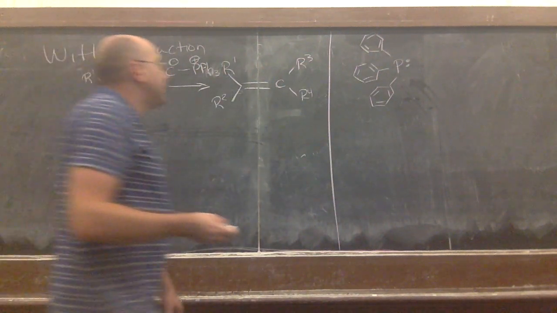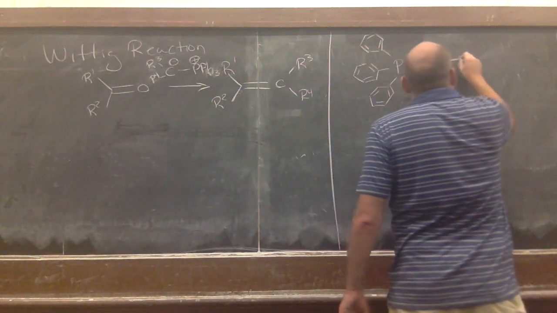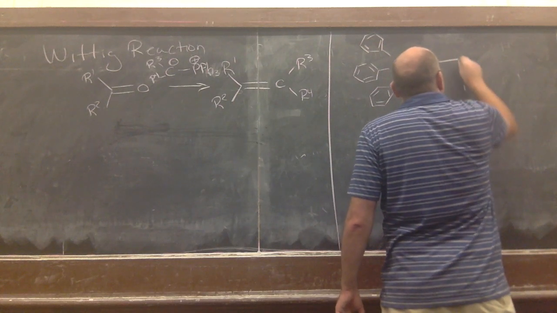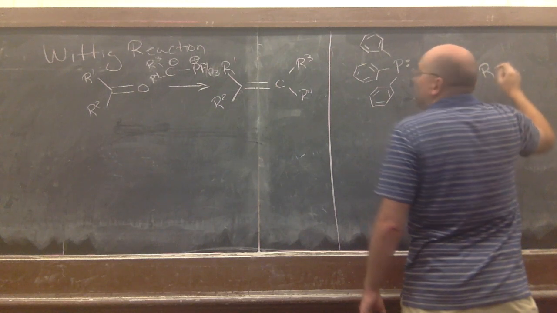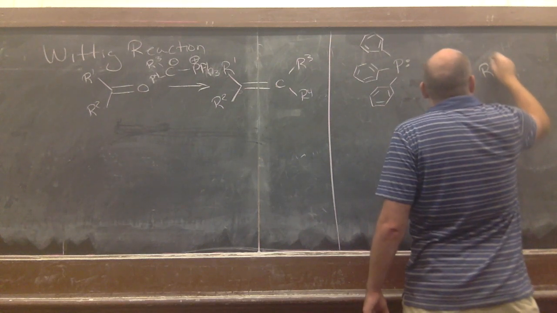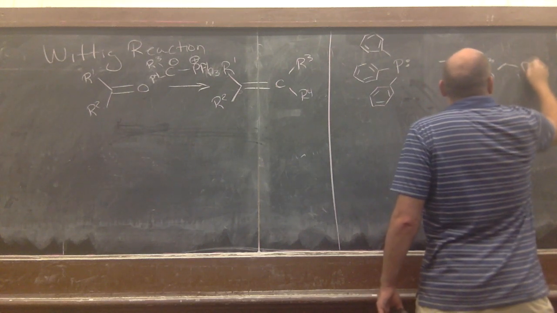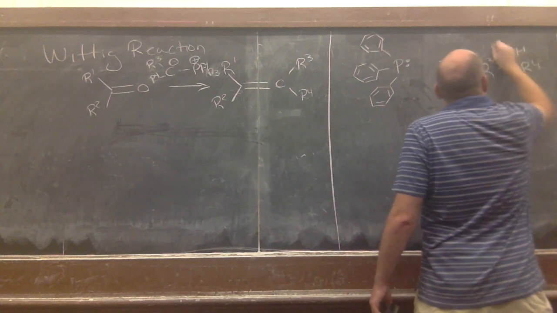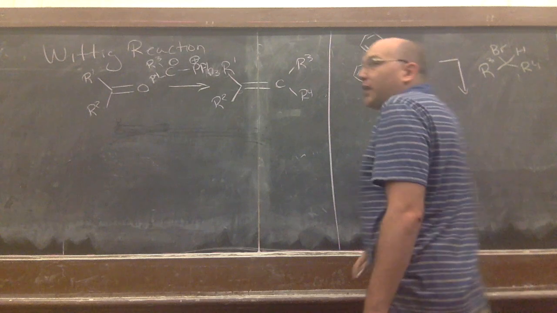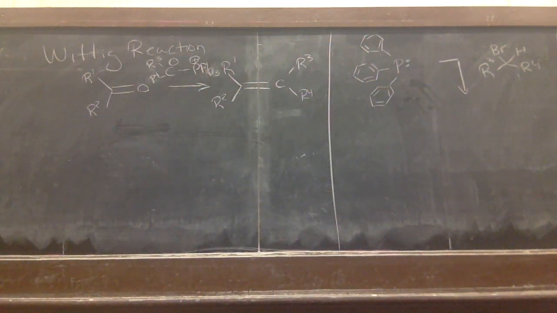And so if you were to take triphenylphosphine and react it with an alkyl halide, we'll just say an alkyl bromide here, what's the product going to be? It's going to be a simple substitution reaction, right?